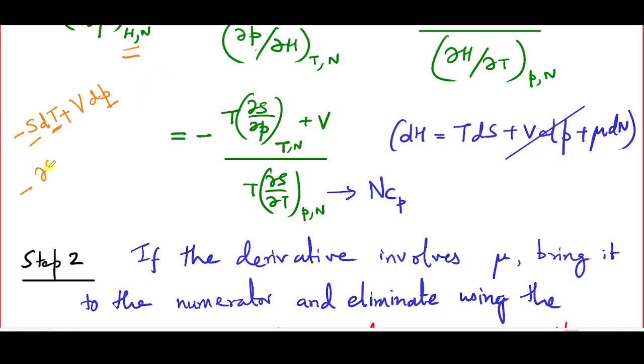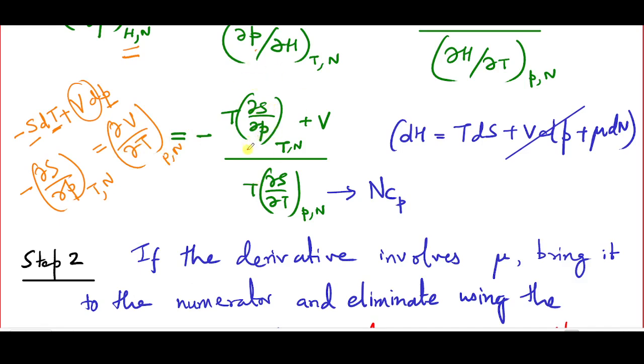that is minus del S del P at constant T comma n, must be the same as the derivative of this quantity V with respect to this variable holding P and n fixed. So, has to be del V del T at constant P comma n. So, this derivative sitting here is minus del V del T at constant P comma n.